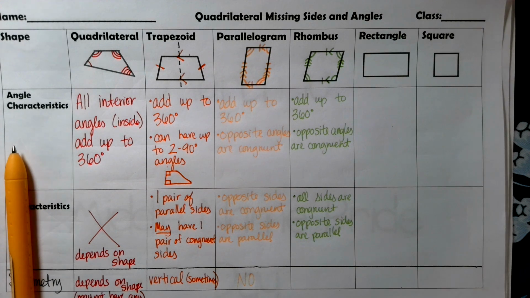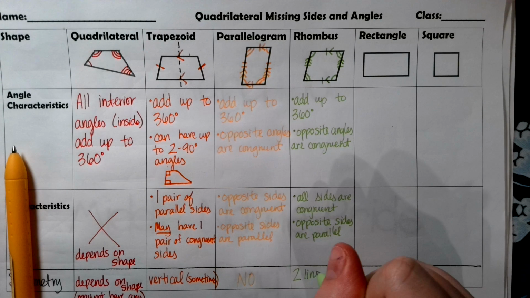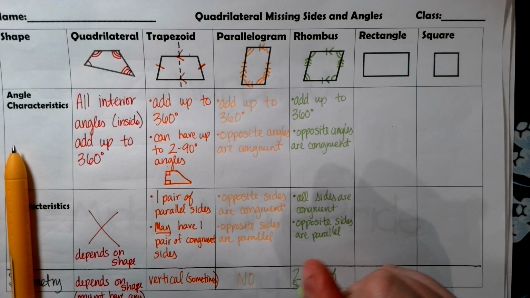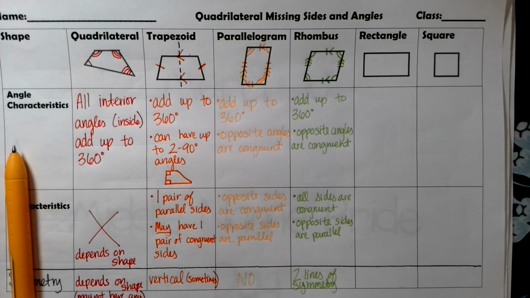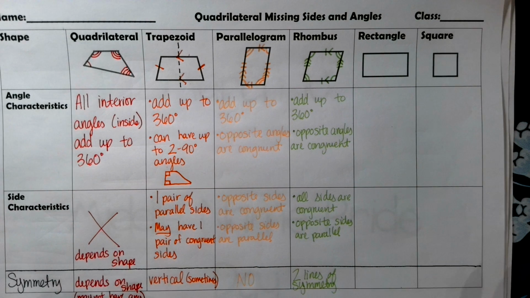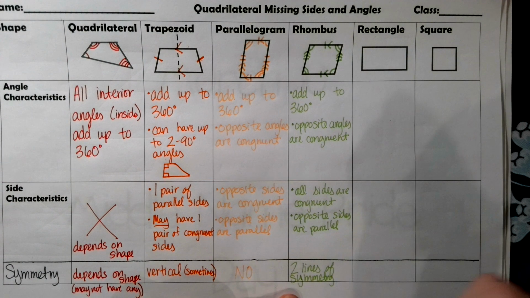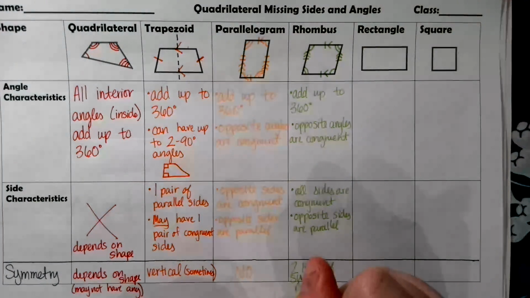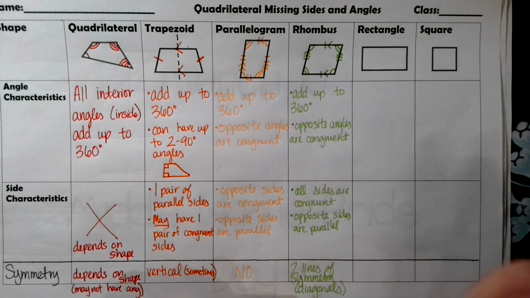A rhombus has two lines of symmetry. They are both diagonals.